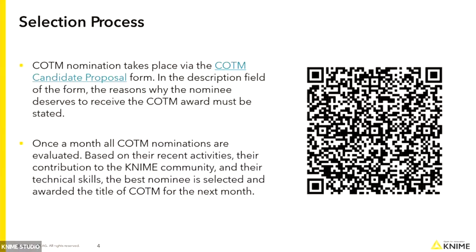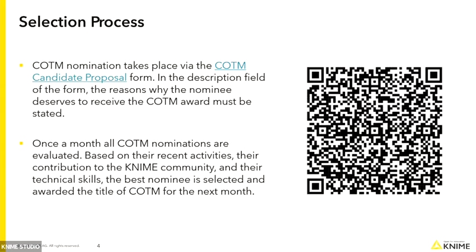Now, how do you become a contributor of the month? You need to be nominated. So if you have a friend or a cousin or a colleague who would like to nominate you because he or she believes in your skills and your technical capabilities, then of course they can nominate you. Just go into this COTM candidate proposal form.